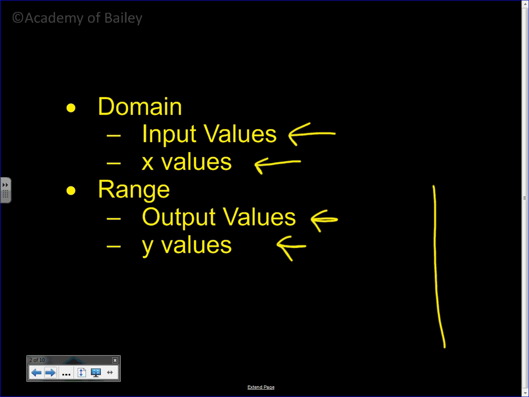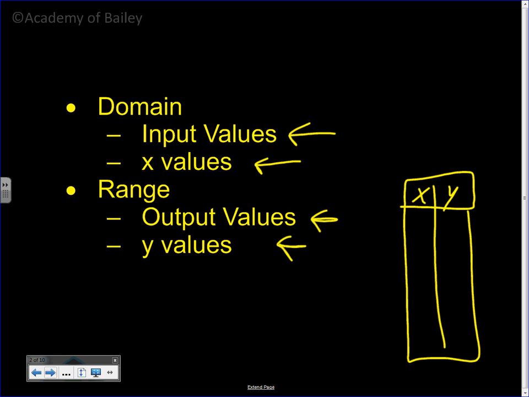So if we were to have, say, a table here with the x values and the y values, and say this is 0, 1, -2, and we can go -10. And let's say this one right here is going to be say -5.